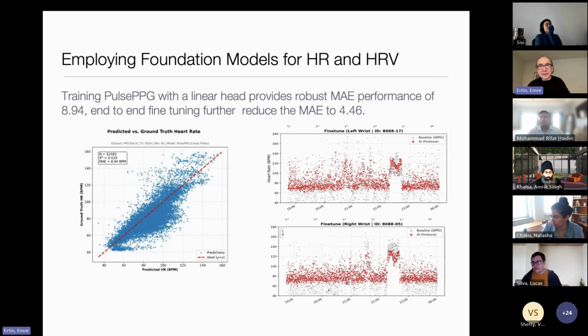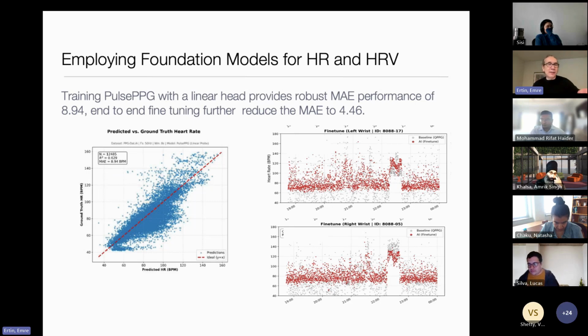Here is something we tried outside the data set that this particular Pulse PPG was actually trained on. We will look at directly the performance of the inference head provided by Pulse PPG.